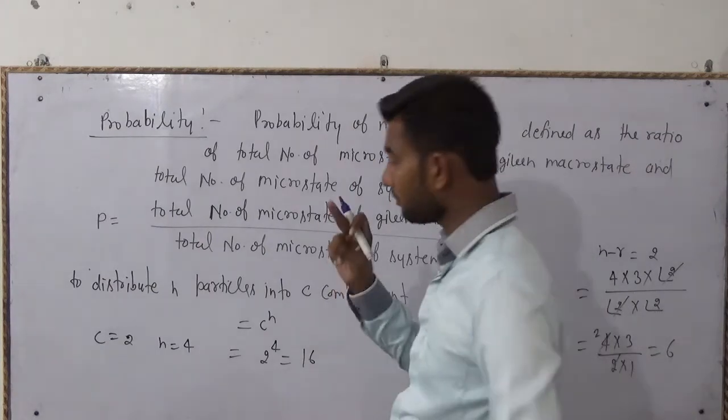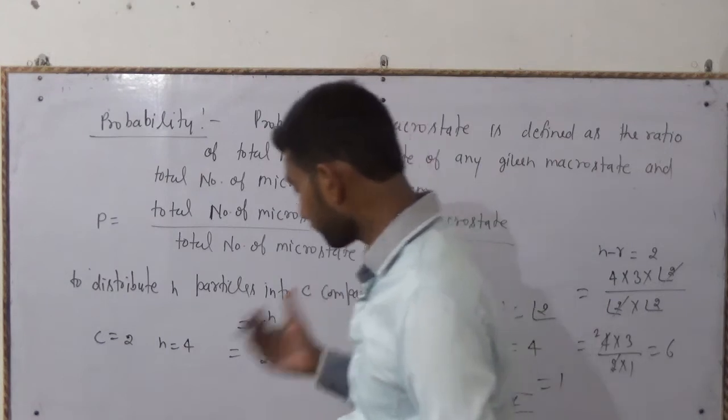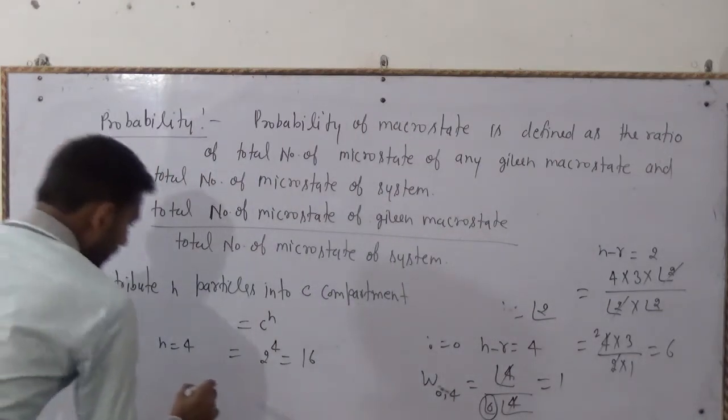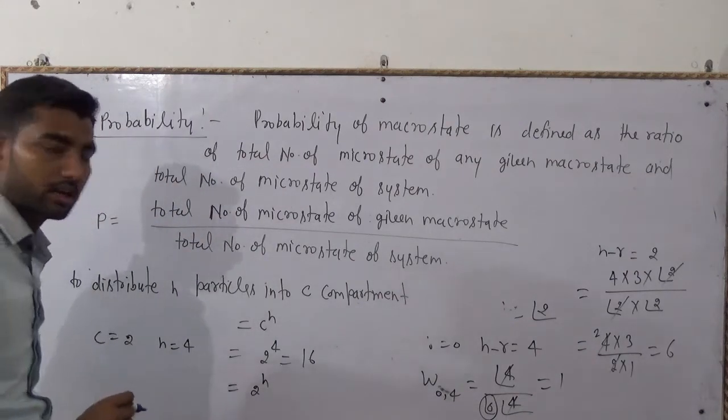The total number of microstates we can find by the formula 2 to the power of n.